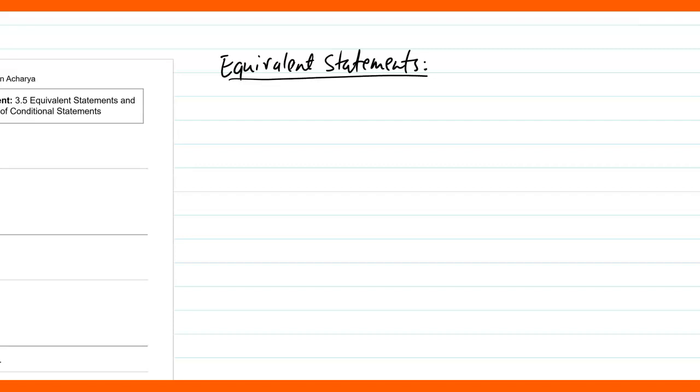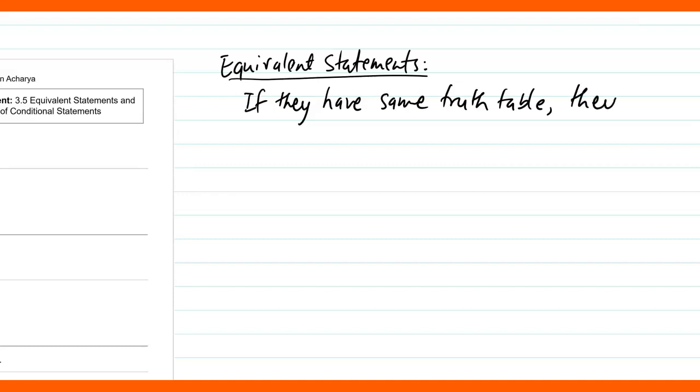Two statements are equivalent if they have the same truth table. If they have the same truth table, they are equivalent, right? Otherwise they are not.